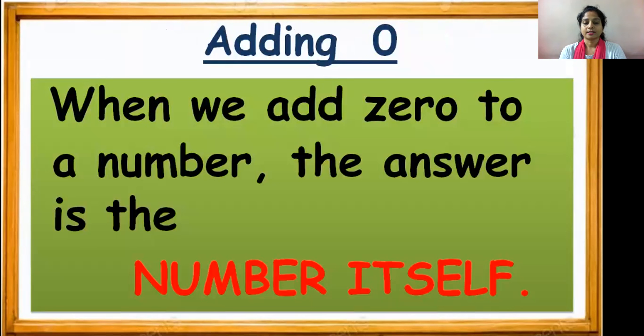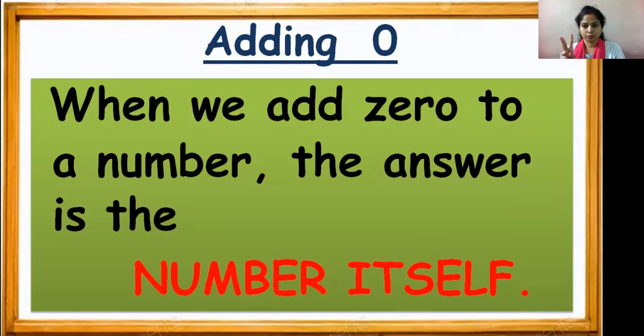Okay. So our next topic is adding 0. What do you mean by this 0? 0 means nothing. So this is one fact: when we add 0 to a number, the answer is the number itself.